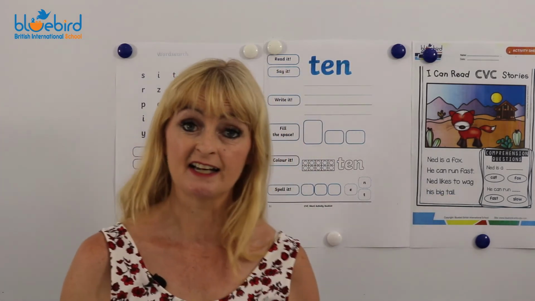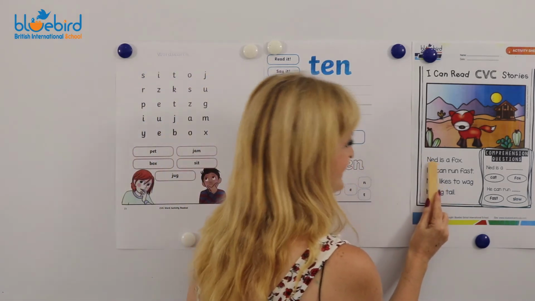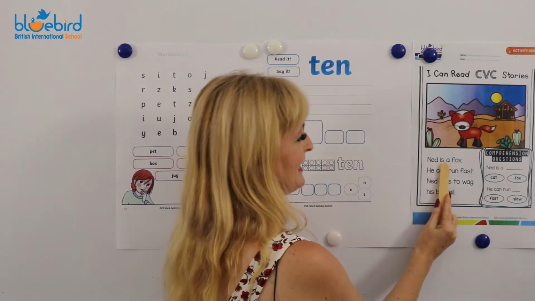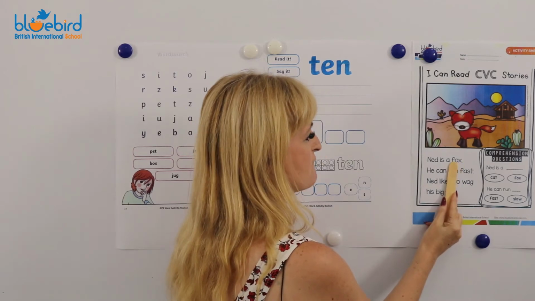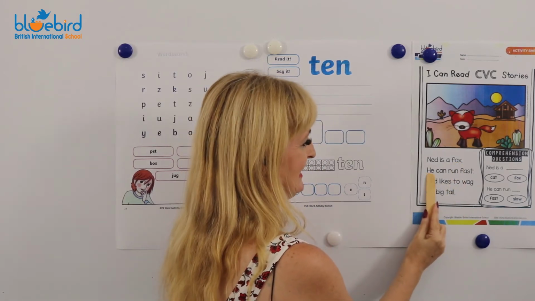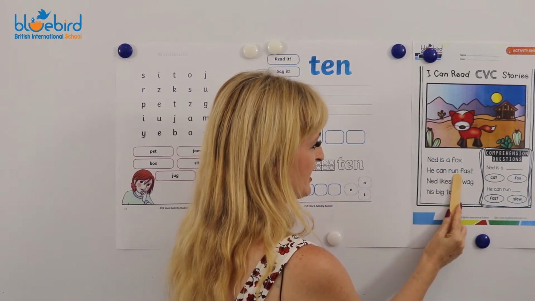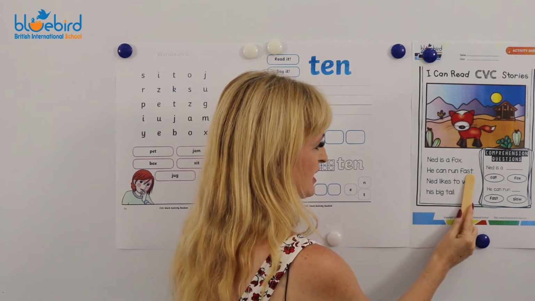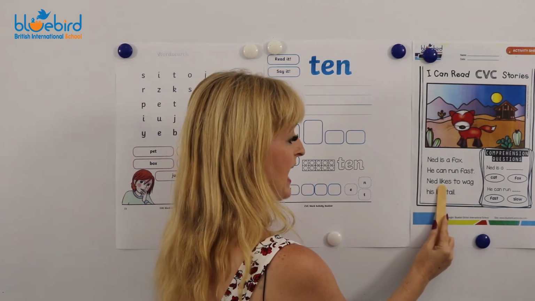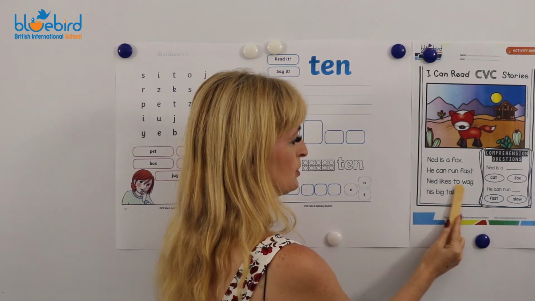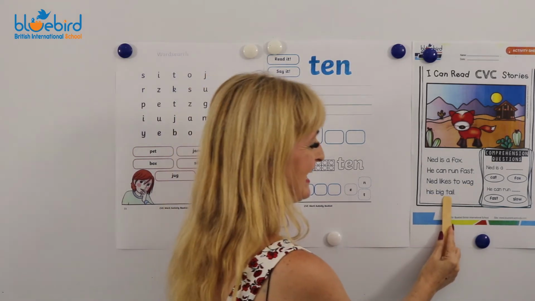Okay, let's do it together. Let's do it slowly this time. Ned is a fox. He can run fast. Ned likes to wag his big tail.